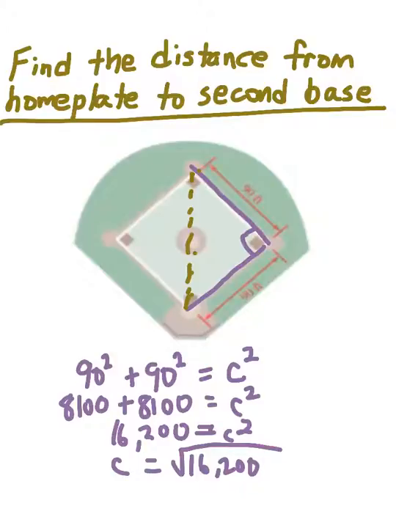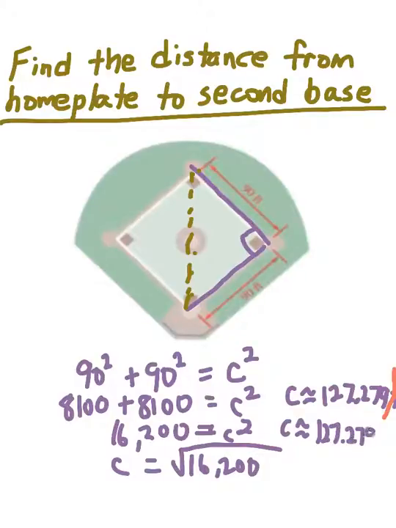When I do that, I get that c is approximately equal to 127.2792. That 2 right there does not round the 9 up, so we'll just stick with 127.279 feet. And that is the end of the lesson.